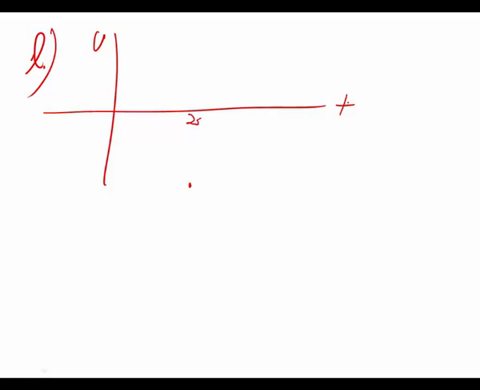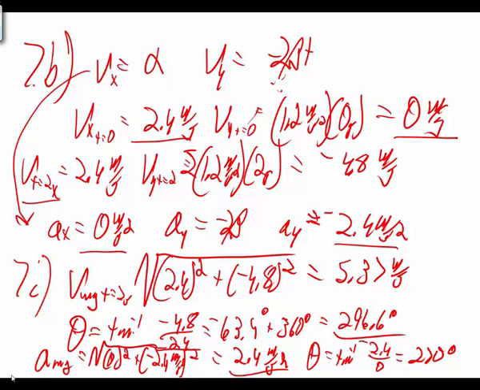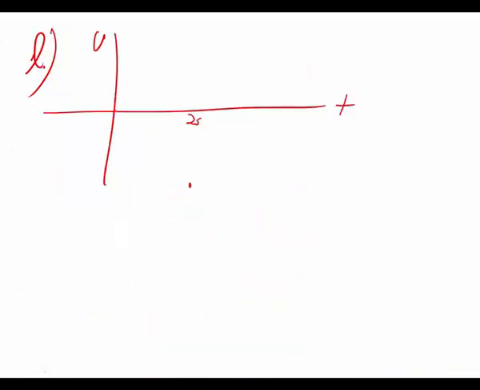Now, where did we begin? Well, at 0 seconds, what was it? It was 2.4x. So the bird is doing what? Going that way, right?